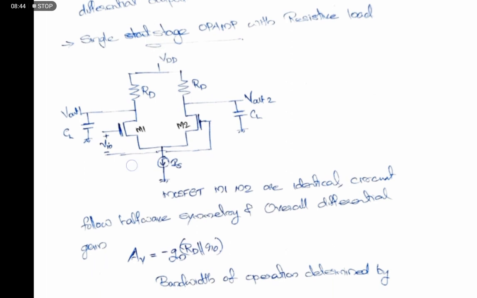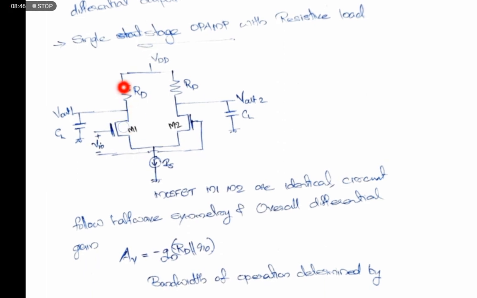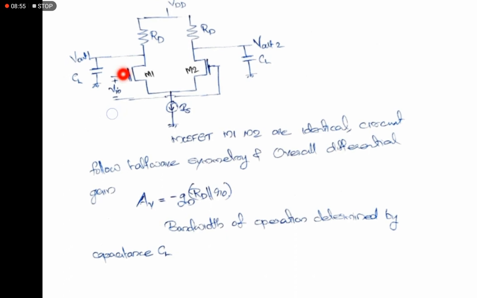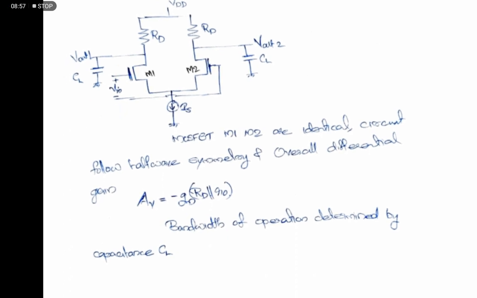The circuit is the same as that of the normal differential amplifier, and here a capacitor is used to model the output load. The gain of this one we can analyze using half circuit symmetry.